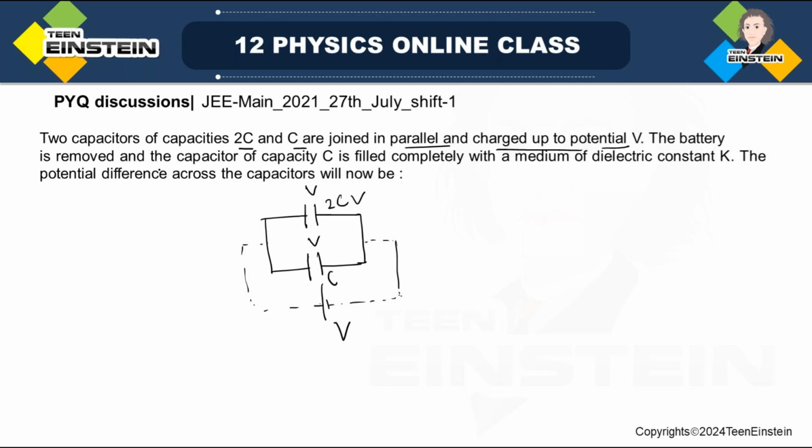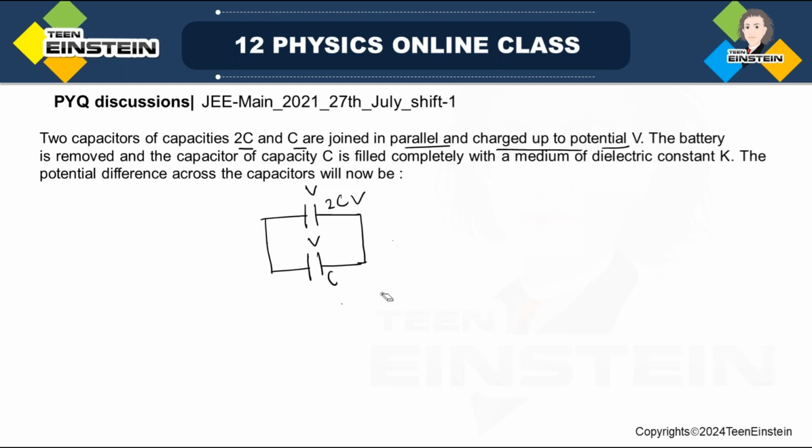The battery is removed and the capacitor of capacitance C is filled completely with a medium of dielectric constant K. The potential difference across the capacitor will be? See, the question is saying that after charging up to V volt, this battery is removed. Now they are fully charged.